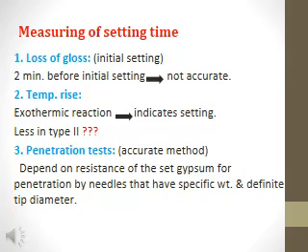When you feel the model while setting, you will feel that the surface is slightly hot. This is because the setting reaction of gypsum products is an exothermic reaction accompanied by liberation of heat. This is an indication of setting of the material.